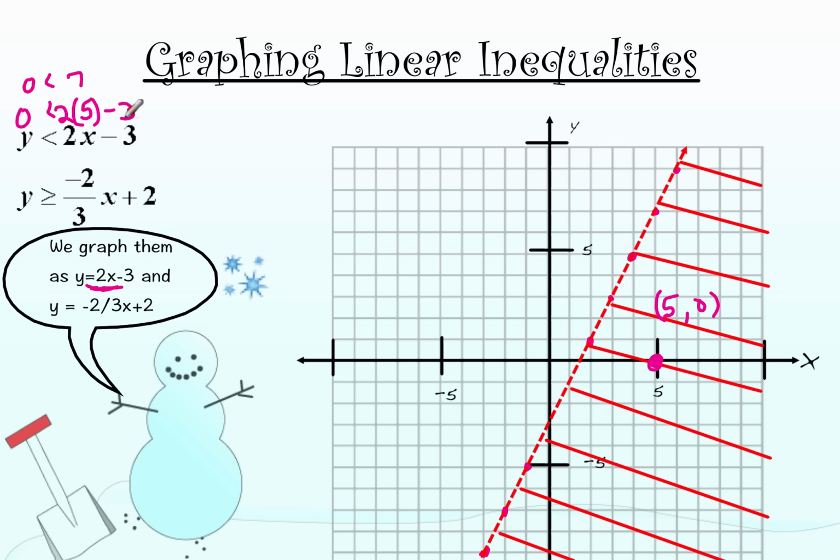Actually, it's a true inequality. 0 is less than 7. See, any points in this shaded area are answers to this problem, because with inequalities, there's an infinite amount of answers. Well, there's an infinite amount of answers with equalities too, but there's far more with inequalities. But anybody on this line doesn't work.